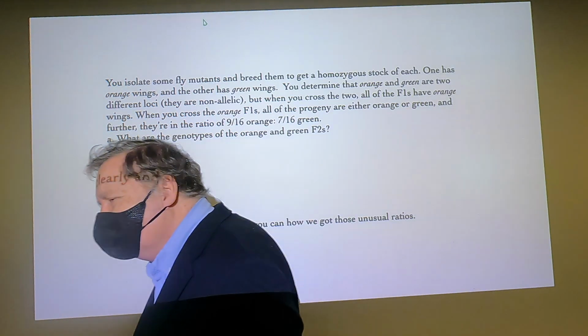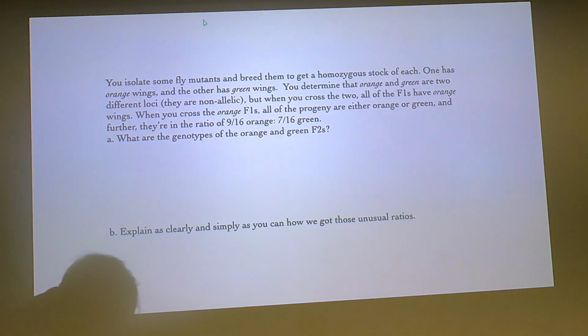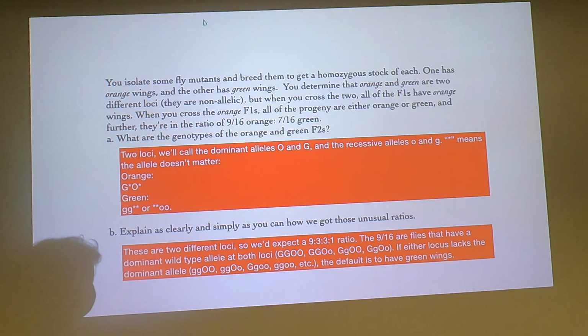How would we think of the genotypes for such a result, though? So I'll just go ahead here. Here's one possible explanation. I'm going to call those loci O and G, so big O and big G, little o and little g. And I'm going to include a little notation here. Asterisk means that it doesn't matter. So if you're orange-winged, you have this genotype: big G and big O, somewhere in there.